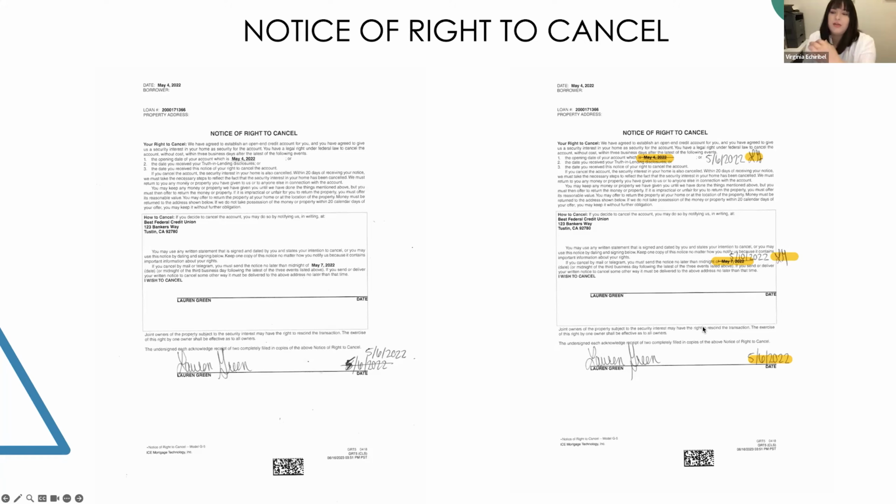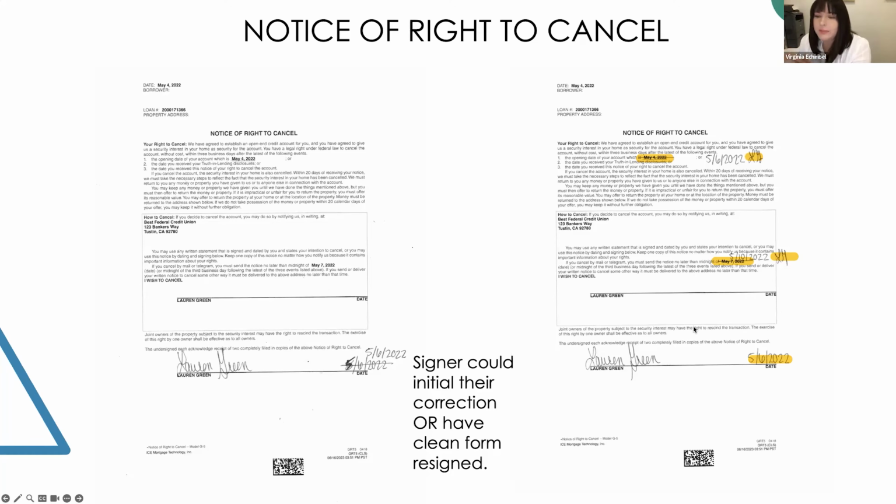So in the case here, you see in my correct sample, I just had them sign a new right to cancel and fill in a new right to cancel. Why? Because you have several copies of the right to cancel in your set. You also have the signer's right to cancel, right? So you give them a copy of the docs, you have a copy of the docs. If they make an error on the right to cancel, I like to just have them fill in a brand new, fresh one.